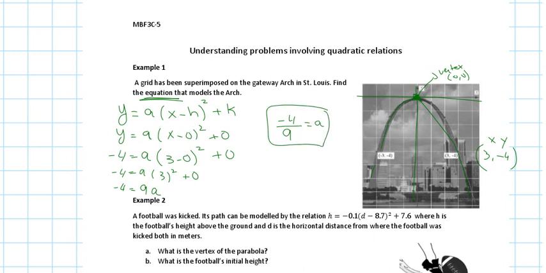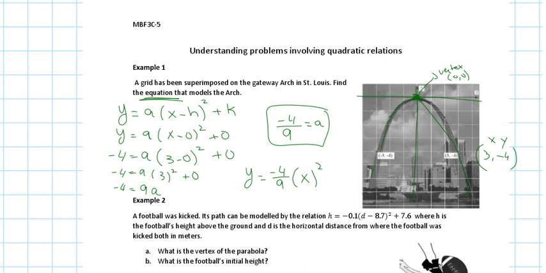Right? So remember that if you have a coefficient for the a, you're going to have to divide by it. So that means my equation is y equals negative 4 over 9. Does it make sense that it's negative? Yes. It opens down, exactly. Do I need to write that x minus 0? Or can I just leave it as x squared? Like this. X squared, right? That minus 0 plus 0, I don't really need. Okay? Because x minus 0 is still x, so that's x squared. And then that plus 0 on the outside, I don't need.